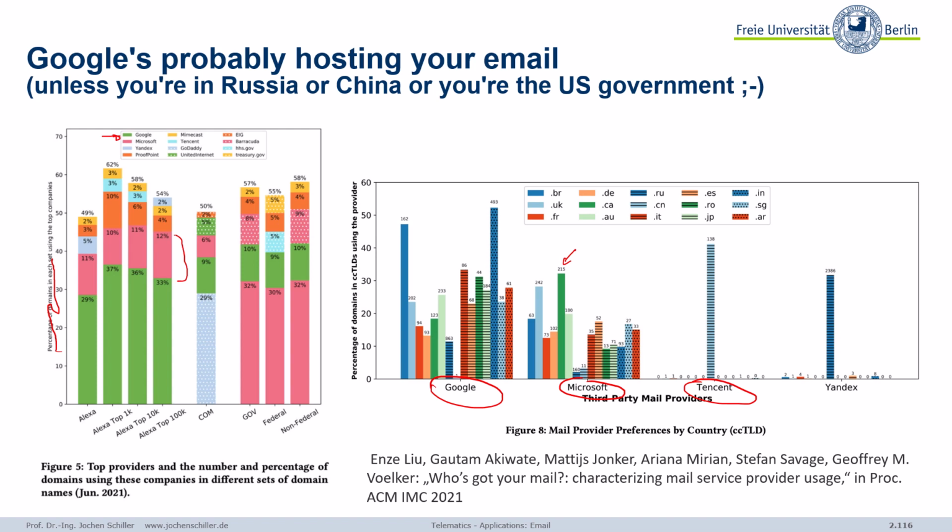And also Russia, etc. They have other providers, like Yandex. So it's quite interesting to see who has your mails. By the way, typically mails are clear text and give those companies perfect insight into everything you're interested in, all your likes and dislikes and what you think, etc. So think about this.